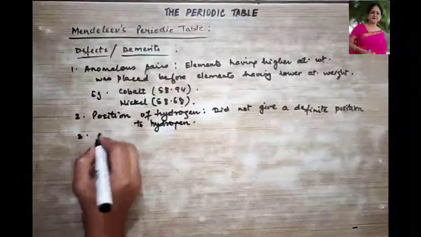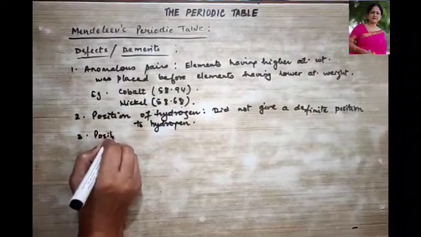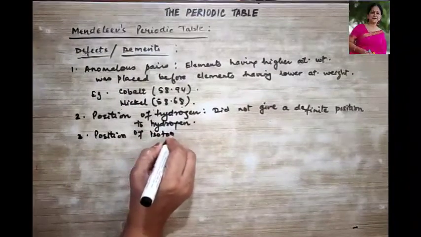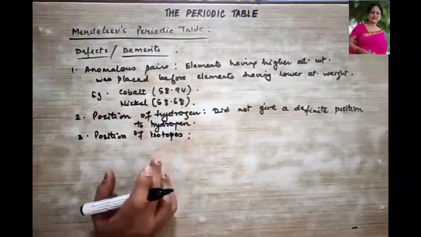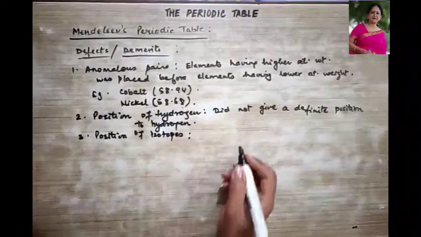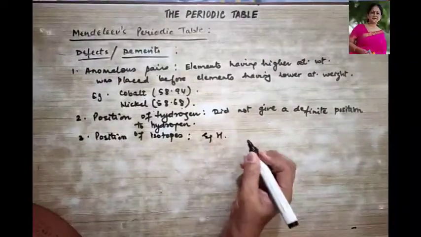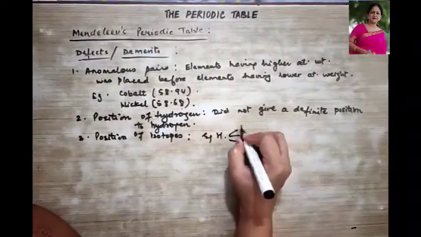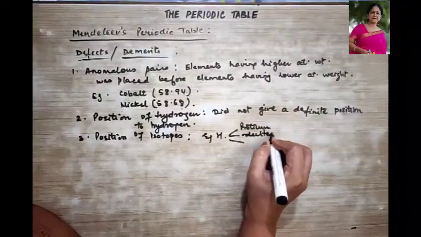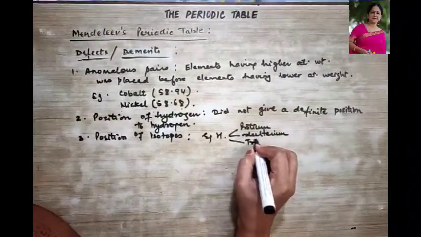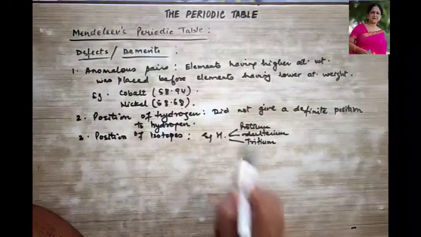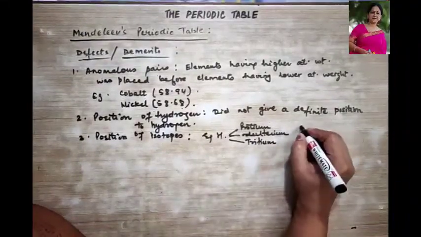Okay, then third point, position of isotopes. Now what are isotopes? You must be knowing what are isotopes. Having same atomic number but different atomic mass. Now for example, let us take hydrogen. You all know it has three isotopes. What is that? Protium, deuterium and tritium. You all know that these are the three isotopes of hydrogen. Okay, and what are isotopes?